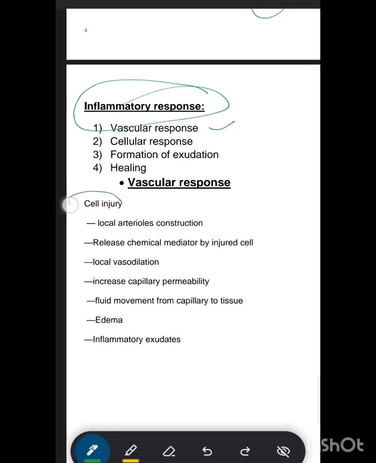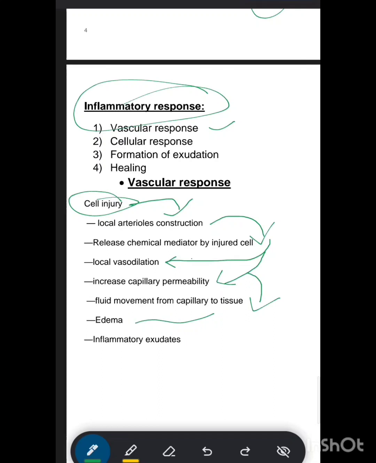The vascular response occurs immediately after cell injury, and after cell injury the local arterioles constrict, and due to the constriction there is a release of chemical mediators. As a result of the chemical mediators, local vasodilation occurs and vessel permeability also increases. As vessel permeability increases, fluid moves from the capillaries to the tissue outside.